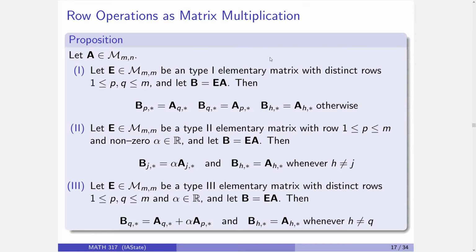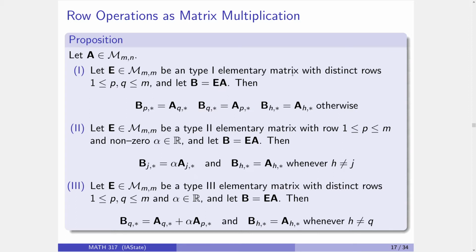All right. So indeed, if I have a matrix, remember, a type 1 row operation is swapping the rows. So here we have, given a matrix A, multiplying by a type 1 elementary matrix on the left. And again, remember, order matters in matrix multiplication.